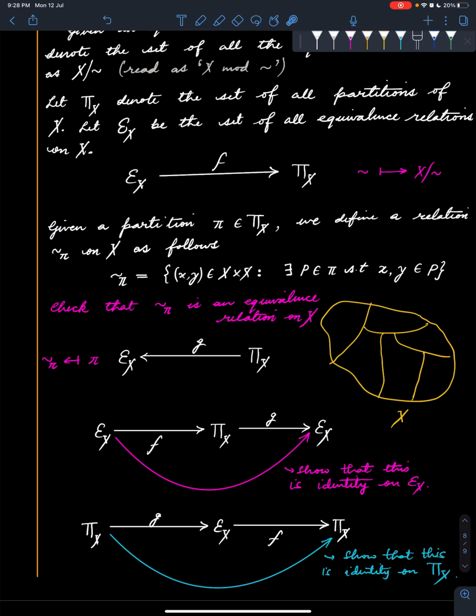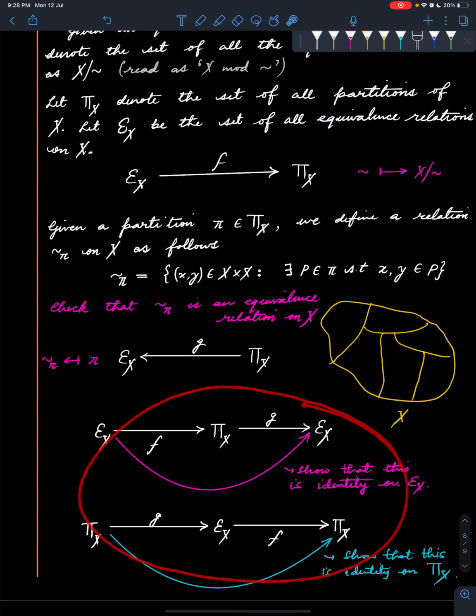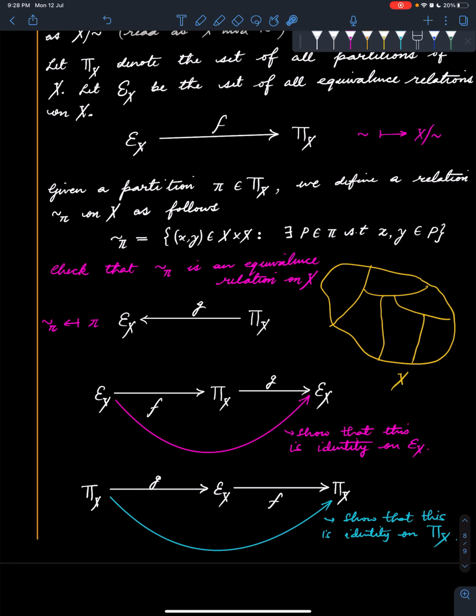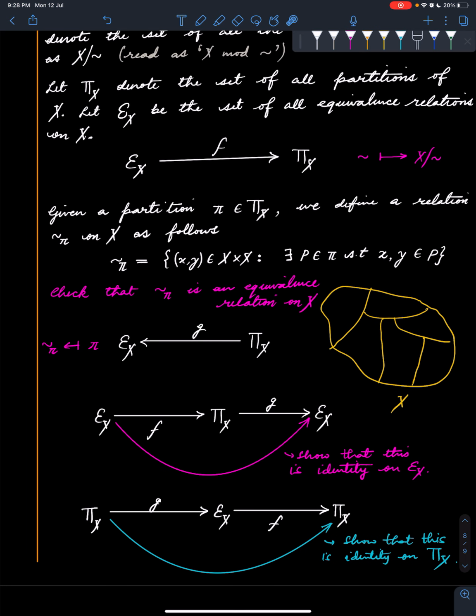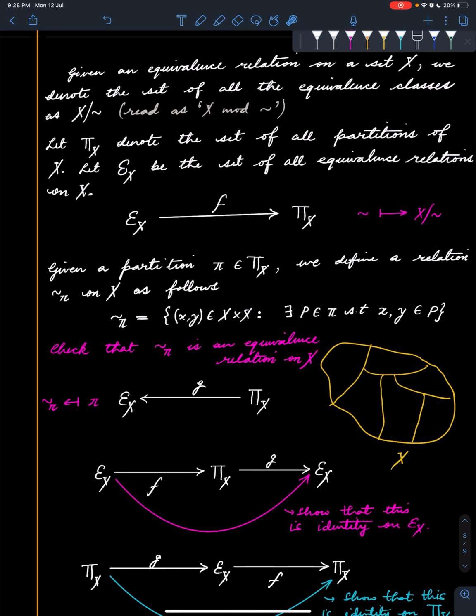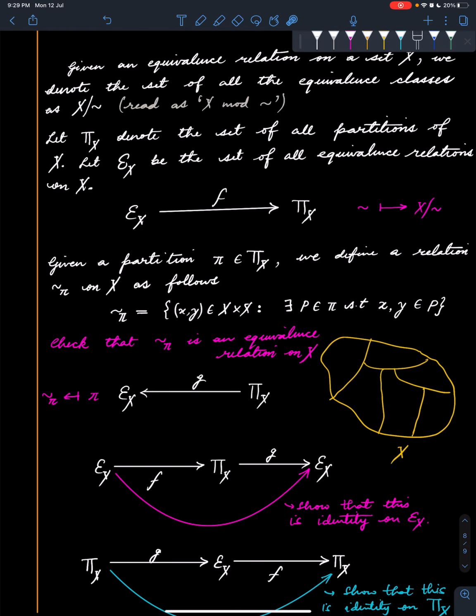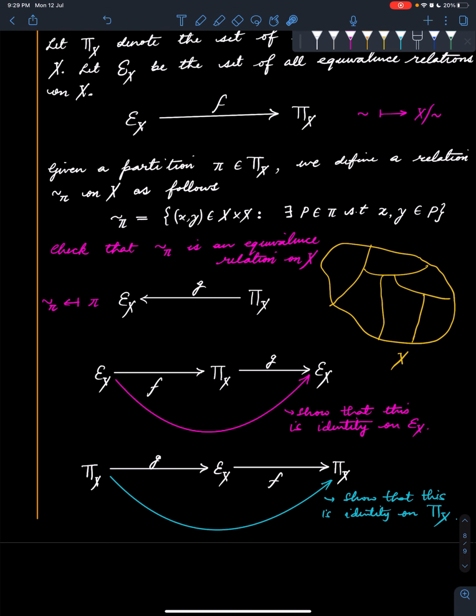And these two dictionaries respect each other, formalized in this exercise. And one should be comfortable with both the worlds. It's not like, no, I'm an equivalence relation person, or I am a partitions person. No, there's no such thing. You are both.